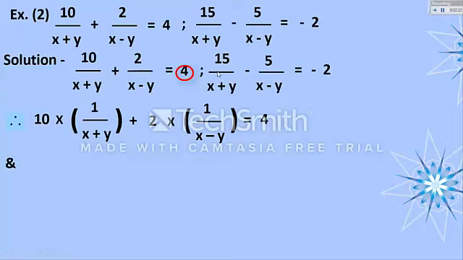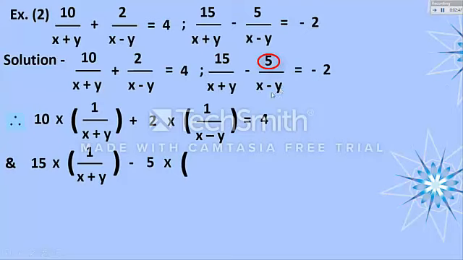Similarly, the second equation we write in this form: numerator 15 into 1 divided by x plus y, minus numerator 5 into 1 divided by x minus y, is equal to minus 2.